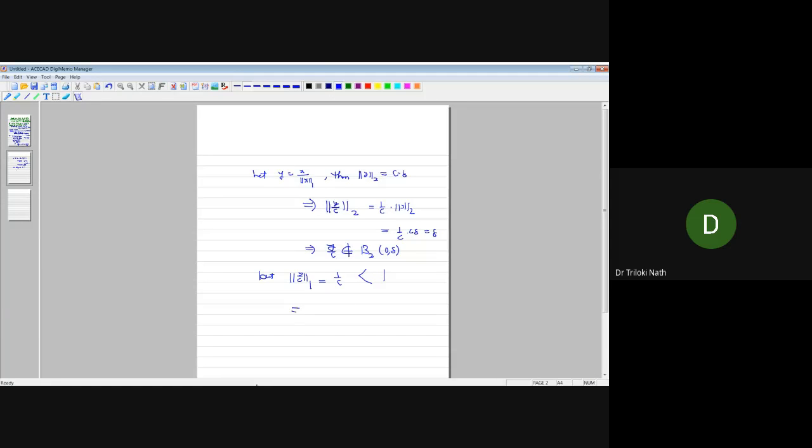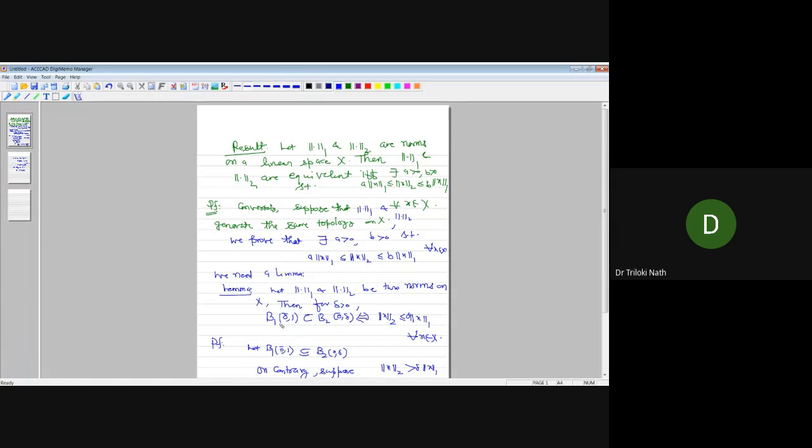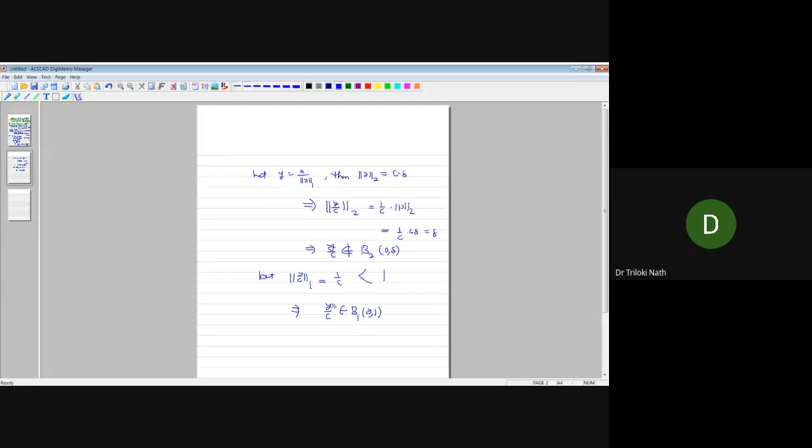Therefore y by c belongs to B101. So this is a contradiction, because we are already considering that the one ball is contained in the two ball. Here we proved that y by c belongs to B101, but y by c does not belong to B20 delta. So this is a contradiction.